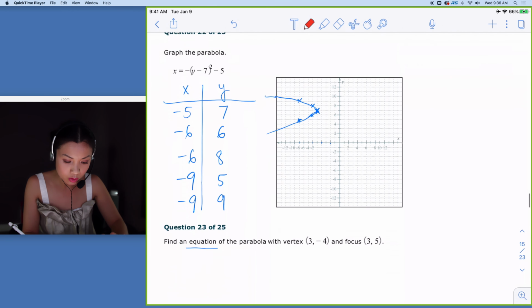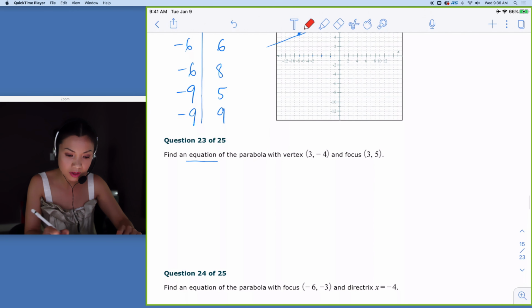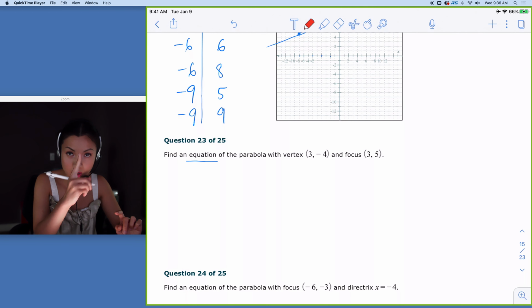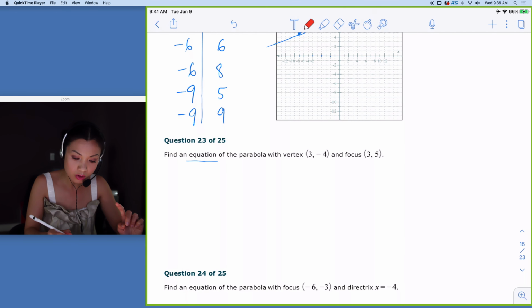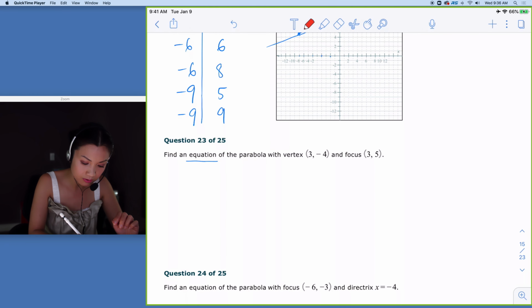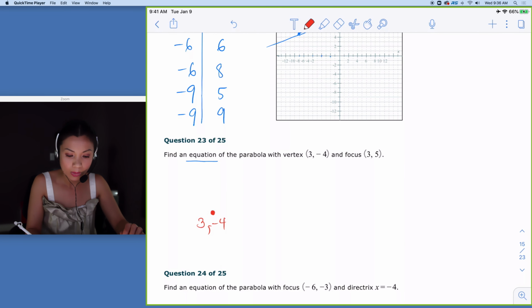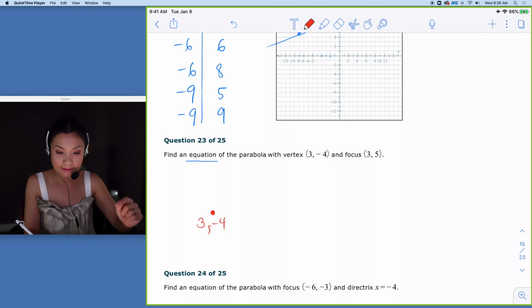Now, when you write the equation, the first thing you should do is visualize it. So the first thing you should do is locate the vertex. So you know what? How about I'm just going to put the vertex right here. So the vertex is 3, negative 4. Okay. Now the focus is 3, 5.